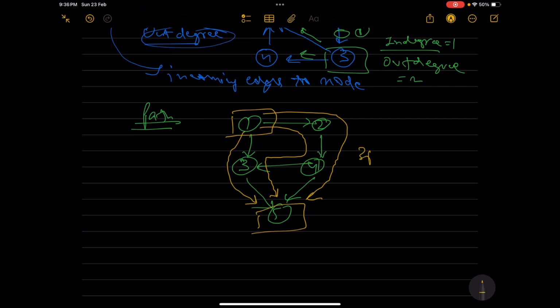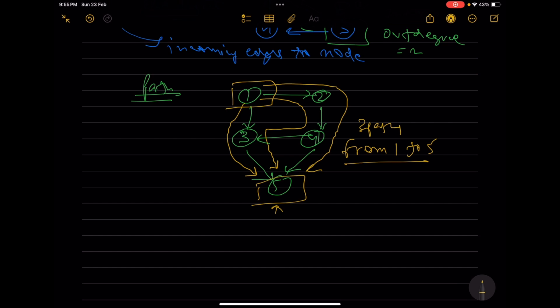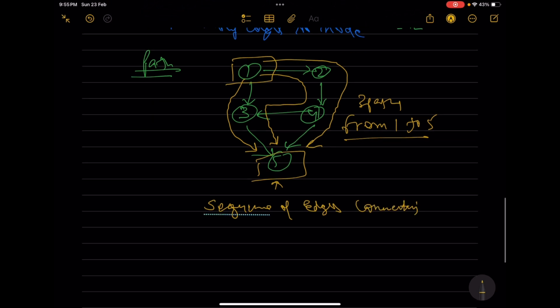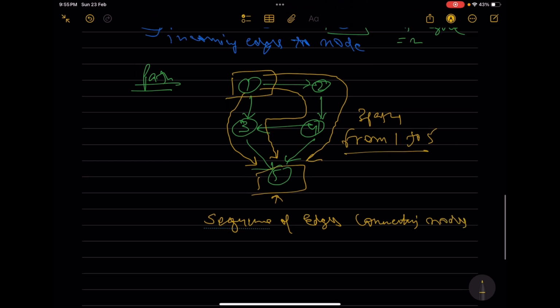So there are 3 paths from 1 to 5. So we can define a path as a sequence of edges connecting nodes. Let's say node 1 is connected to node 5 via this path 1, path 2 and path 3.